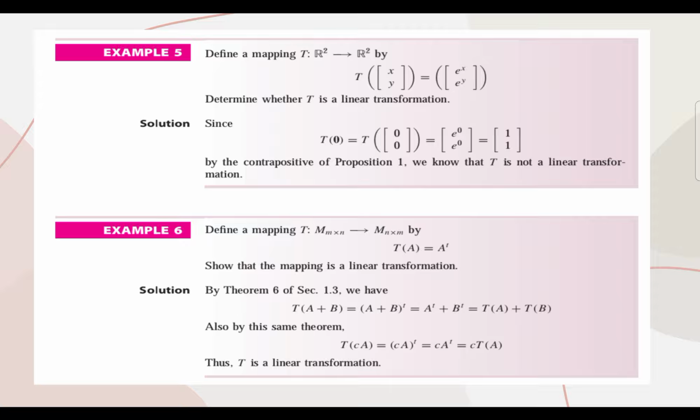Then also, the transpose of a scalar multiple is the scalar multiple of the transpose, since (cA)^T = cA^T. It follows that T(cA) = cT(A). So thus T is a linear transformation. Since both properties are true, the transpose mapping is a linear transformation.